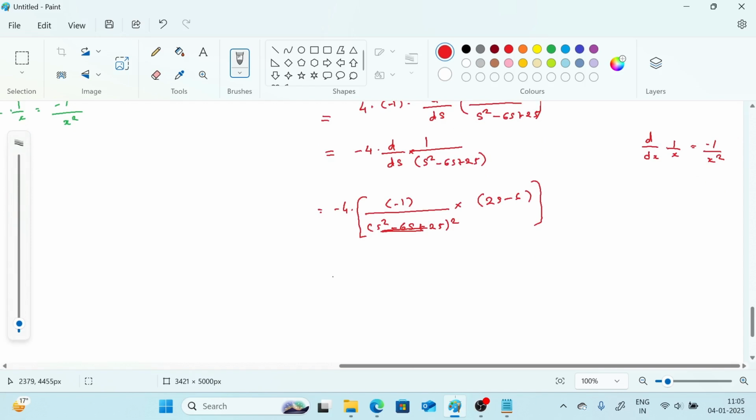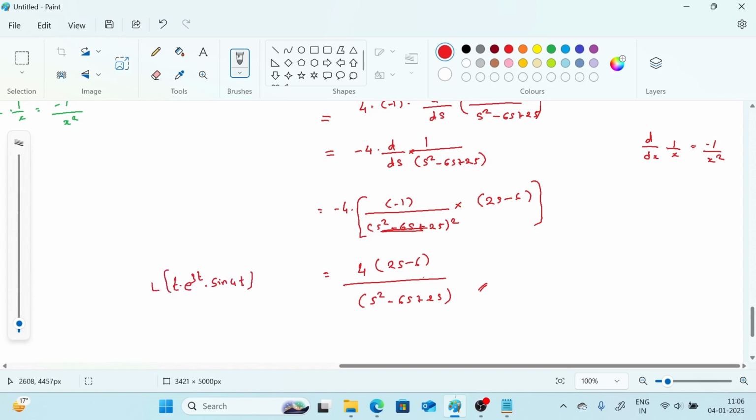So what I will get, this minus becomes plus: 4 into (2s minus 6) upon (s square minus 6s plus 25) bracket square. That's it. This is the answer for the term t e raised to 3t sin 4t.